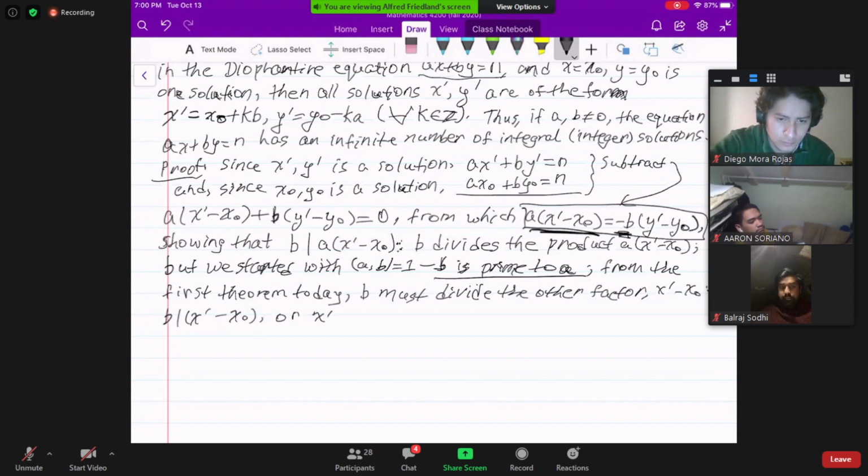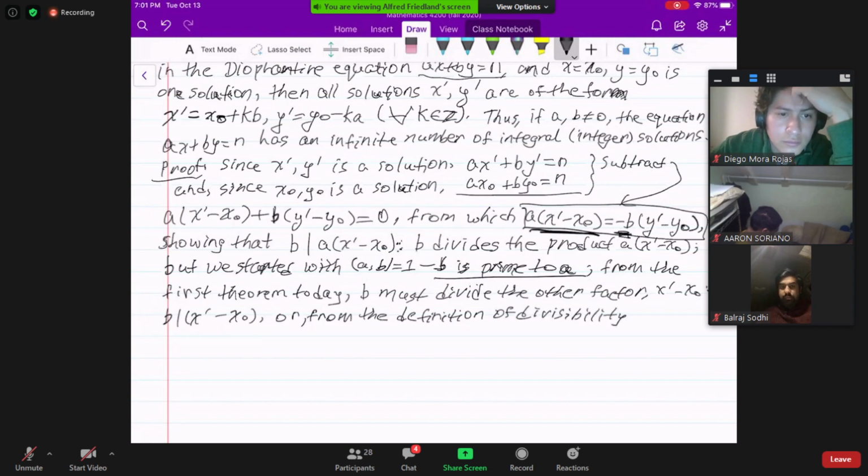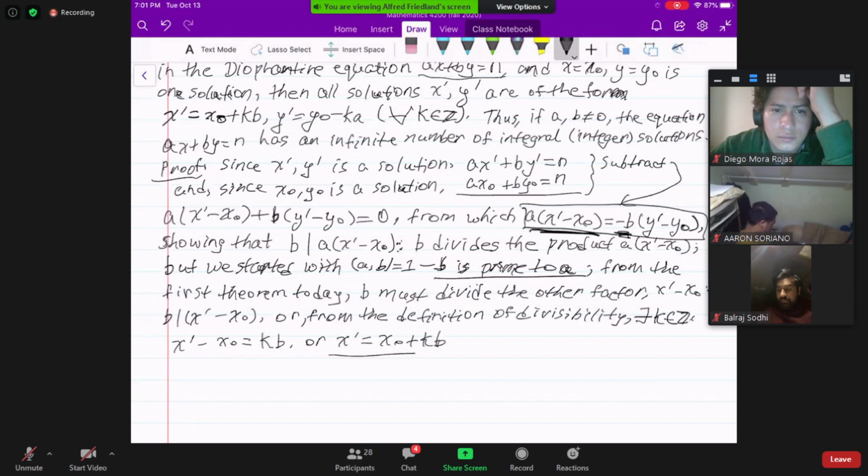It means, well, let me just remind you, going back to the definition of divisibility, that's correct. x prime minus x sub 0 equals some multiple of b. And so x prime equals x sub 0 plus kb.